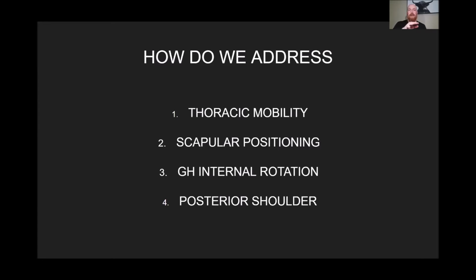So rather than these next few slides, where we're going to look at how we address them, as solely the only exercises that you do on your shoulder, try and think of these exercises or interventions as things that you want to integrate into your programming that you have already, into your sport prior to going into it.